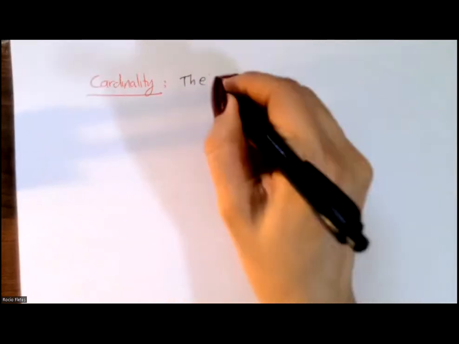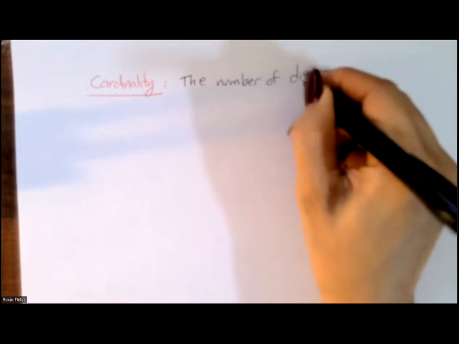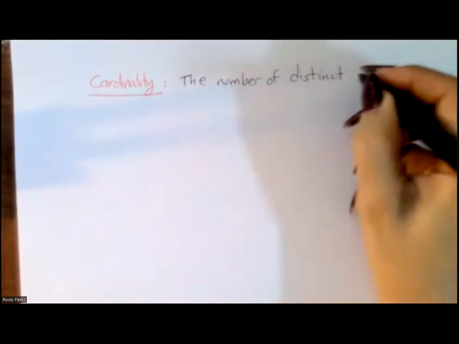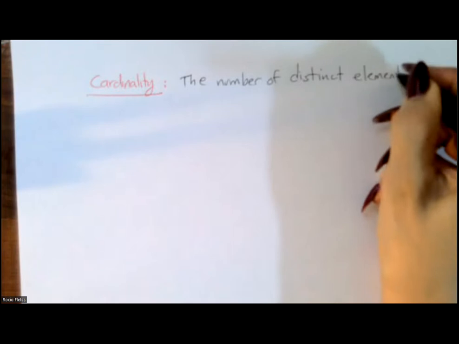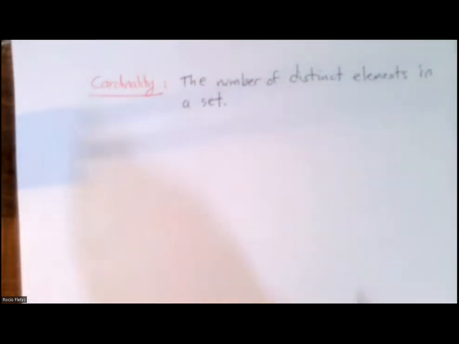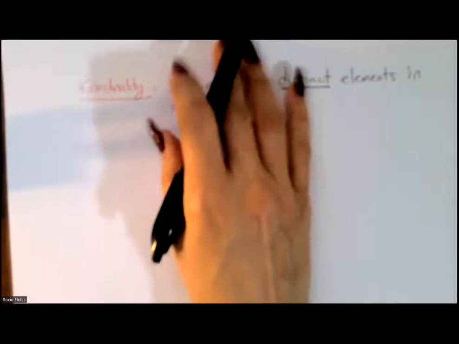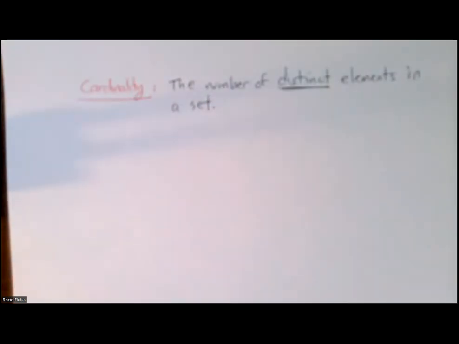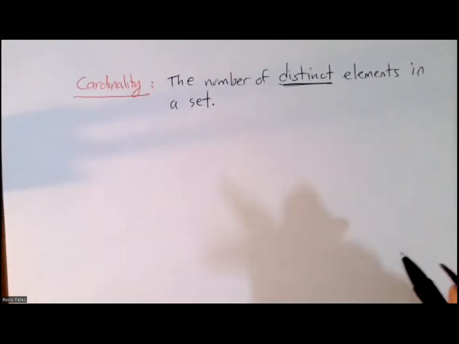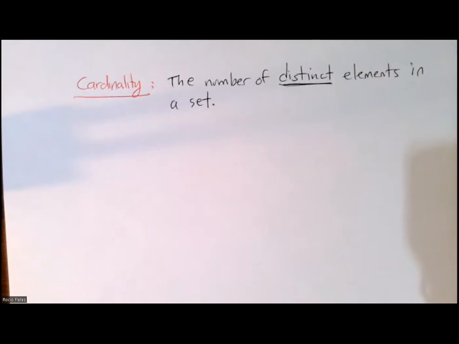So cardinality is the number of distinct elements in a set.